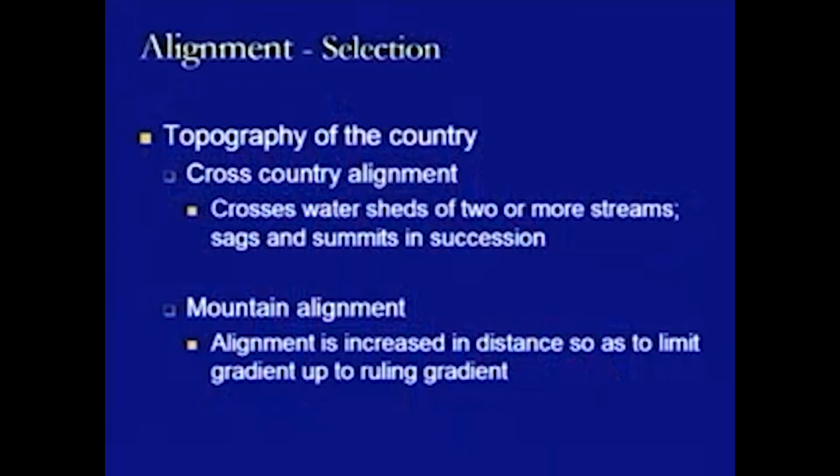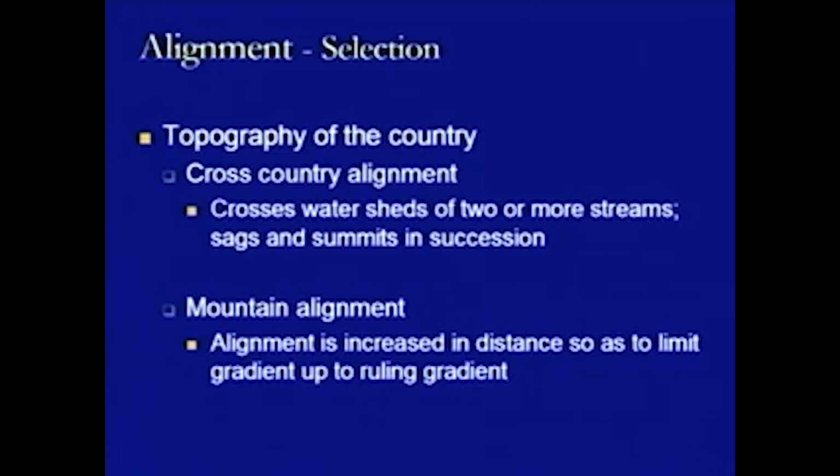Another type of alignment is the mountain alignment. This is the topmost condition as far as the gradients are concerned. Here the alignment is increased in distance because the gradients cannot be fixed within the rolling gradient condition. So, in this case, the limit of rolling gradient probably cannot be met.